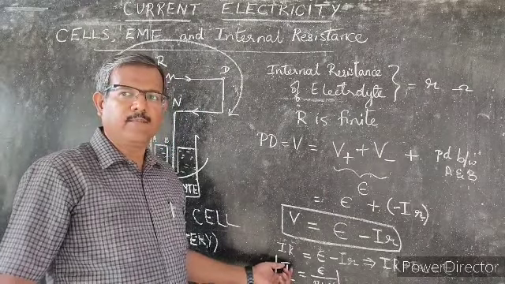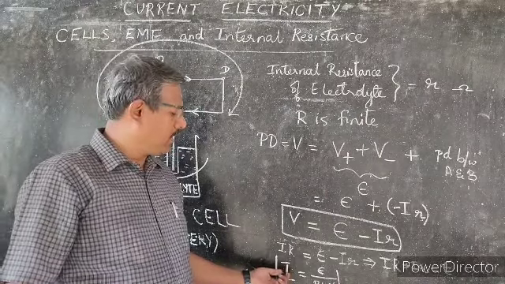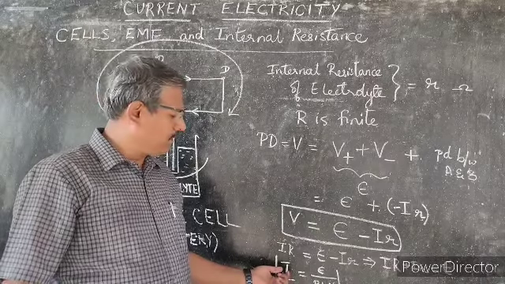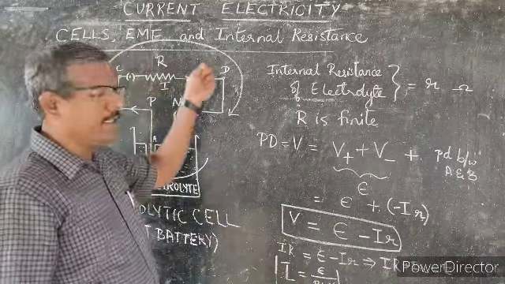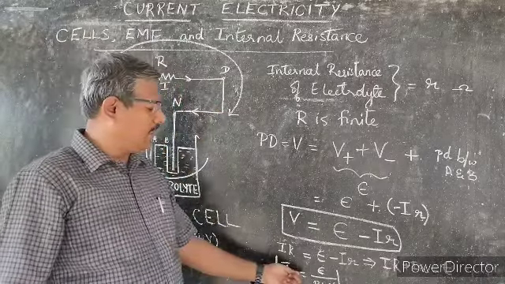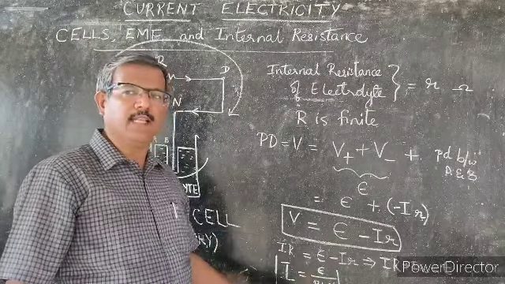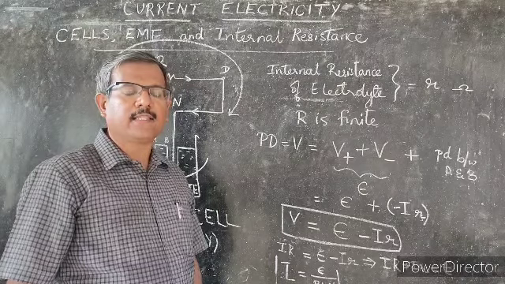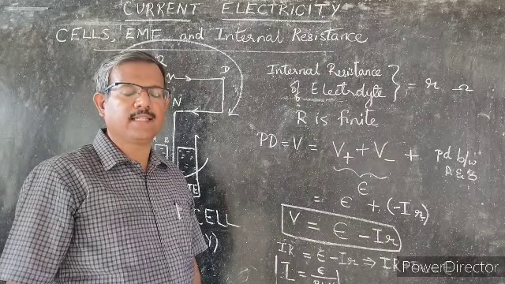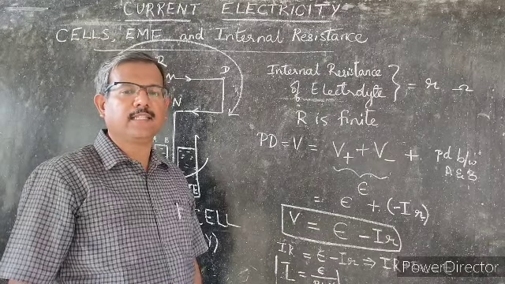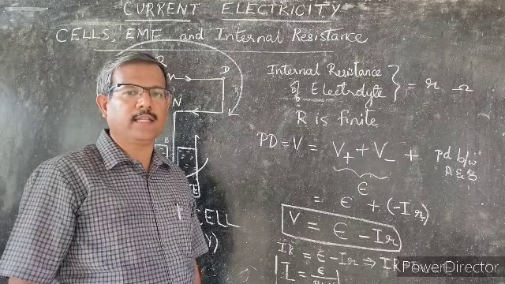So effectively, I am getting the current through an electrolytic cell connected through an external resistance to be the electromotive force of the cell divided by the sum of the external resistance and the internal resistance of the electrolytic cell.